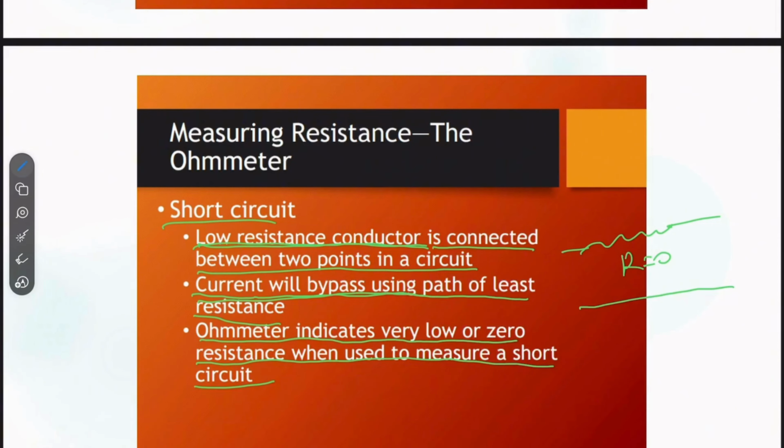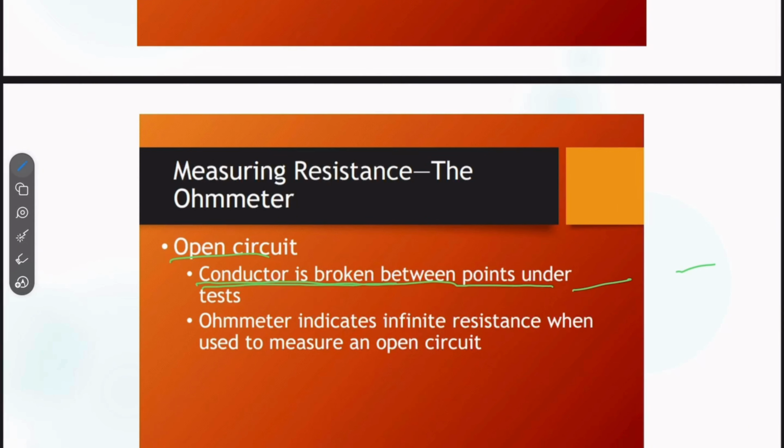Open circuit. The conductor is broken between points under test. So we connect the voltmeter here. If we use the voltmeter, that will give us the full voltage. Because here there's a broken circuit, there's no current flow.